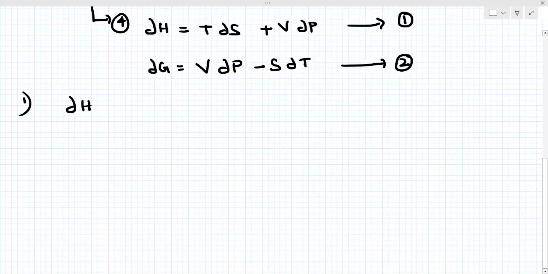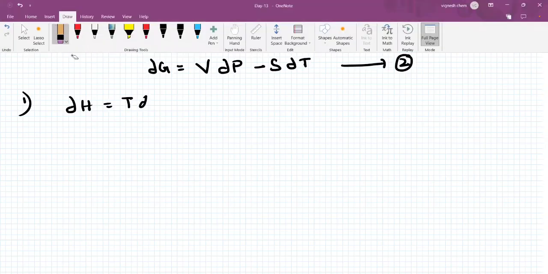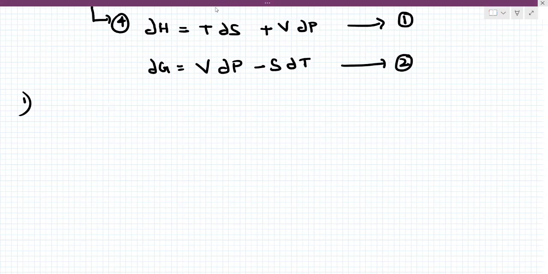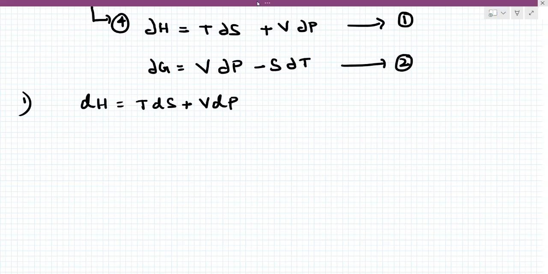dH is equal to TdS plus VdP. I take differential form, okay? Simple. Now see, I'm going to put condition number 1.